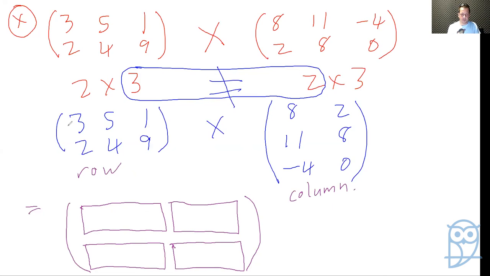So we're going to multiply row 1 from here with column 1 from here, element by element. So we're going to take the 3 times the 8, the 5 times the 11, and the 1 times the -4.